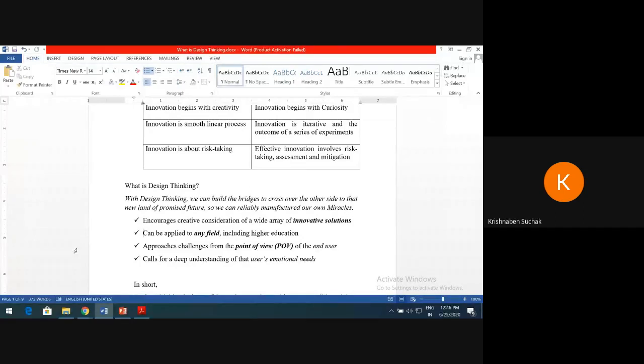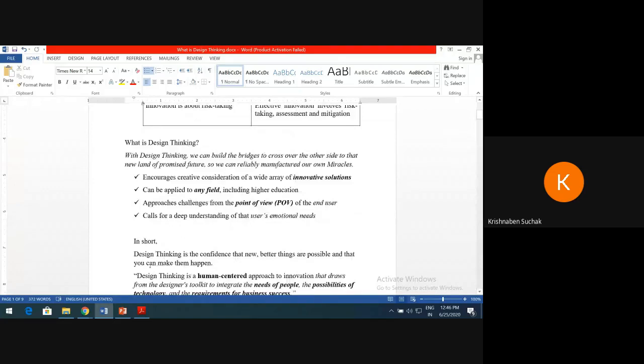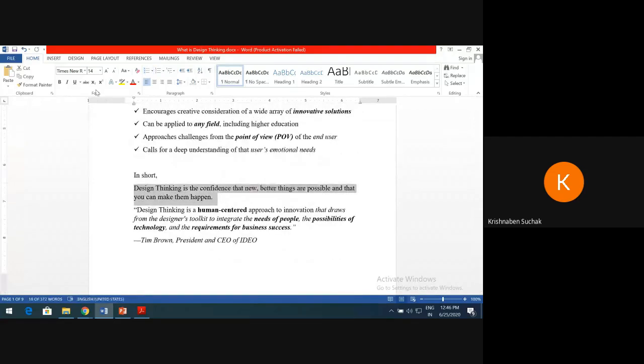In short, you can say design thinking is the confidence that new, better things are possible and that you can make them happen. Design thinking is to have confidence in yourself that this thing is working so perfectly right now, but I can do something to improve things for everyone. So that is design thinking.